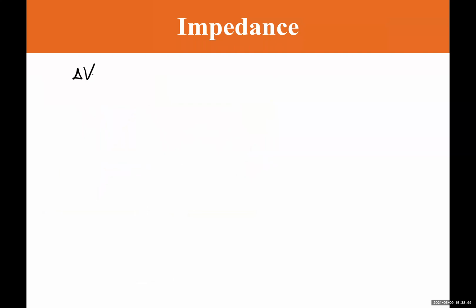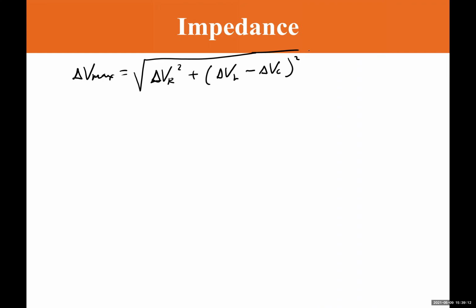Delta V max, that's the amplitude, equals the square root of delta VR squared, since as phasors we're adding their amplitudes, plus delta VL minus delta VC squared. So basically putting it like this.